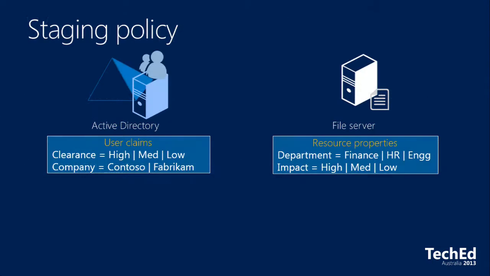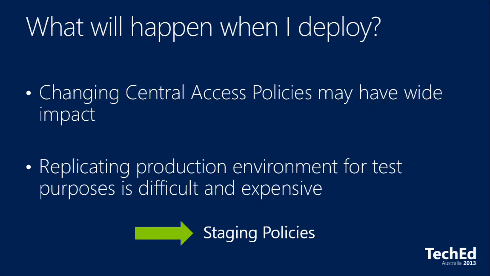All right. Because we have the ability to severely screw things up, if you go changing access rules willy-nilly, it is not a bad idea to do some staging policies, do some tests first, because replicating your production environment in test to do a full stage of these things is a concern, in the same way that you might be staging group policies, for example.